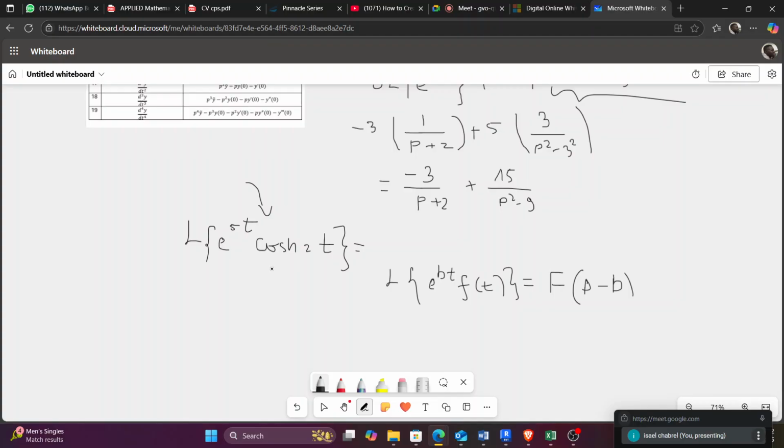First thing to do is you solve for Laplace of the function next to the exponential by using the formula. When you solve using the first translation property, the first thing to do is solve for Laplace of what is next to it, regardless of this exponential next to it. I don't know if I'm making sense.